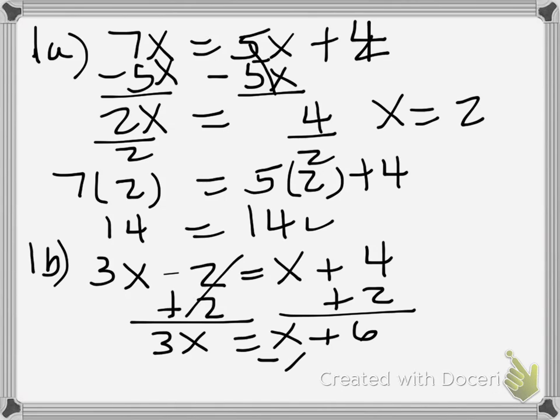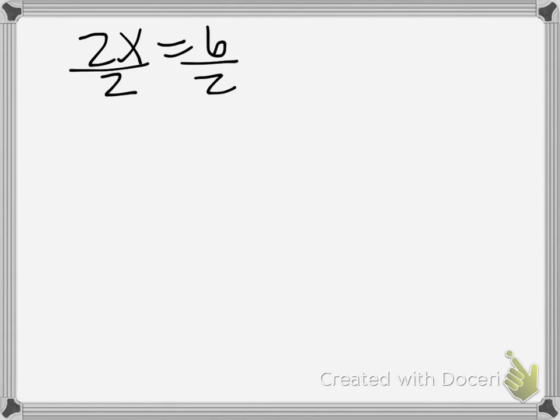Now let's deal with the variables. So that gives me 2x equals 6. Well, 2x equals 6. We're going to divide by 2, and we're going to get the answer is 3. So let's check it, put it back in the original.